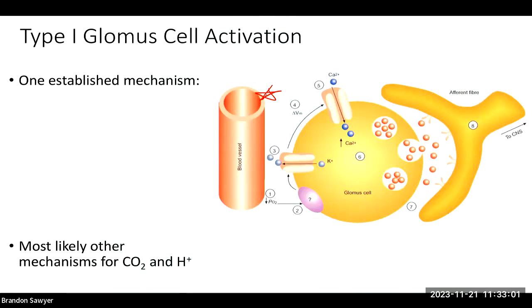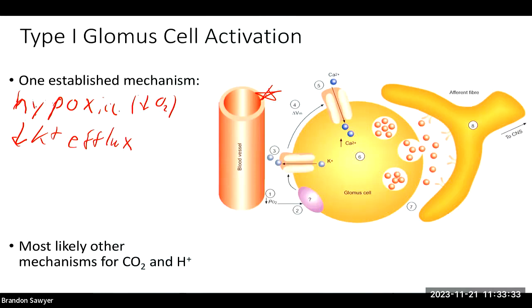So in situations of hypoxia, decreased oxygen levels, that somehow affects a membrane protein on these type 1 glomus cells that leads to decreased potassium efflux.